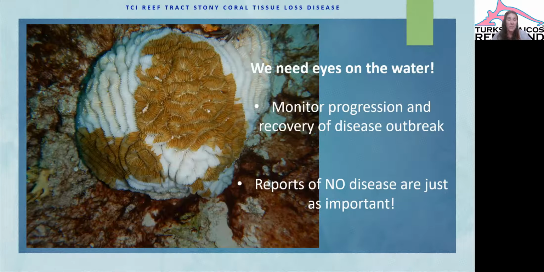Because, for example, if we know that SCTLD has arrived in a certain region, so the Turks and Caicos as an example, but it has not yet been seen on the reefs of East Caicos, well, that is very important data to us because we know that East Caicos has a high population of these susceptible species. So it makes that area more valuable as far as monitoring and trying to get a little bit ahead of the curve. So reports of no disease really are just as important.